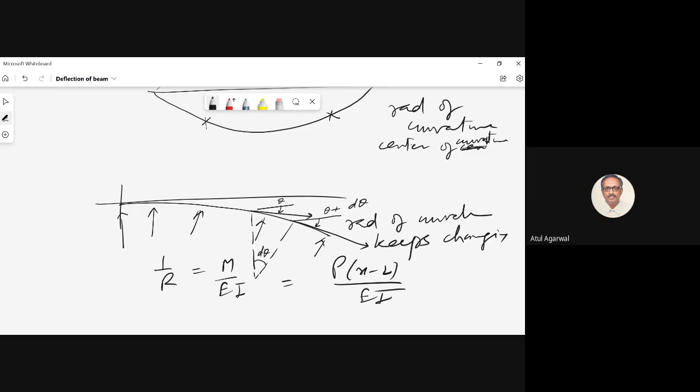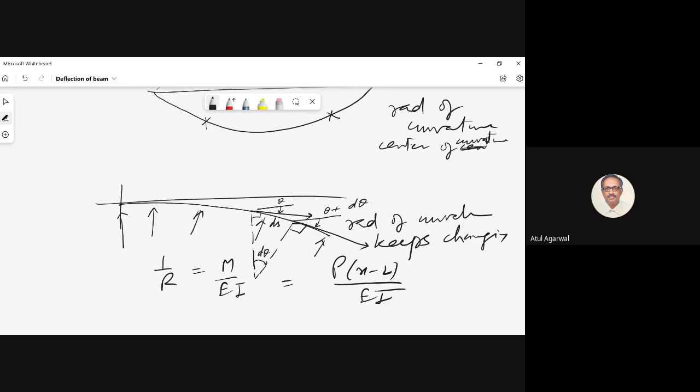This was your tangent. This was your another tangent. So normal to the tangent: as the amount of tangent rotation, so will be the amount of normal rotation. Initially it was like this. So these are perpendicular. So you will find that this angle rotates. And this is the length, this is your ds, arc length.